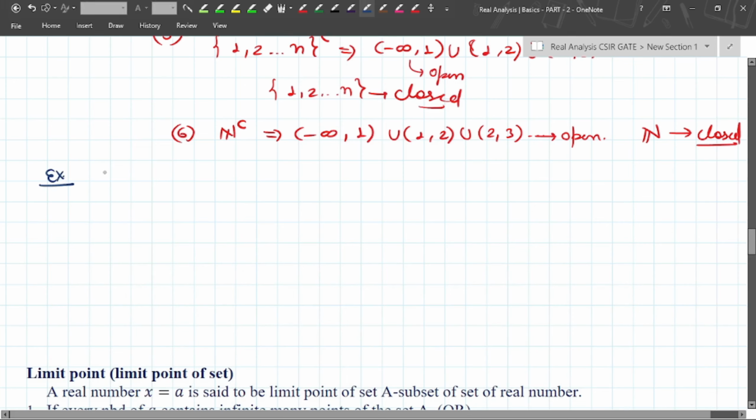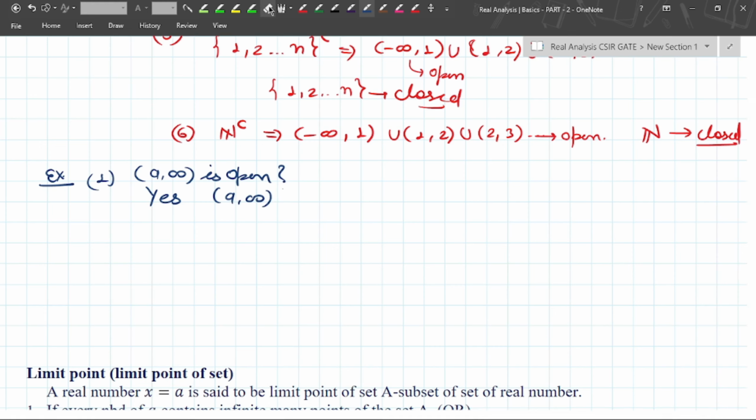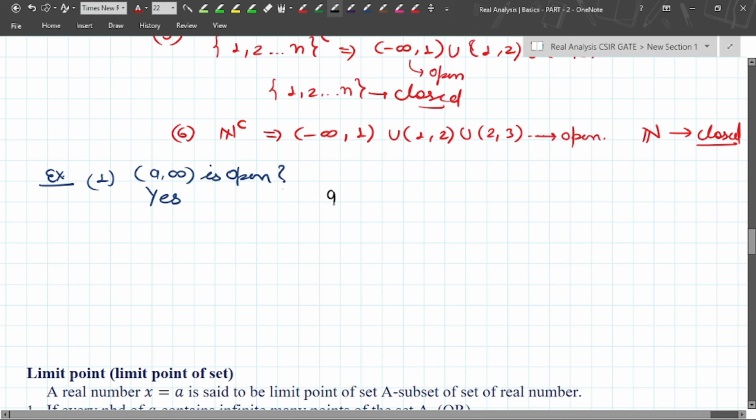Okay. So for example, I have (a, infinity). Is it open or not? Yes, it is open. How? (a, infinity) is an open set. Let's say I can find any kind of interval. Let's say any a1 belonging to (a, infinity).